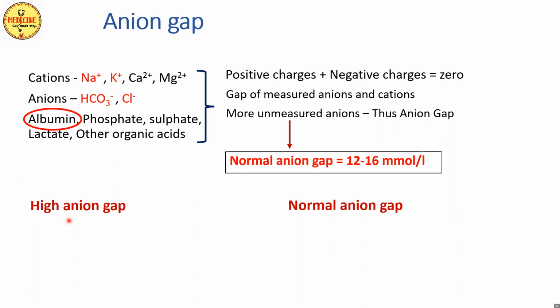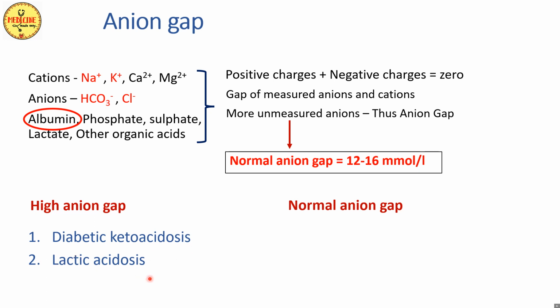When you move on to high anion gap acidosis, the two main conditions that we can discuss are diabetic ketoacidosis and lactic acidosis. Again, I am emphasizing that you have a high anion gap when you have more anions that cannot be measured. So in diabetic ketoacidosis, you have ketone bodies.